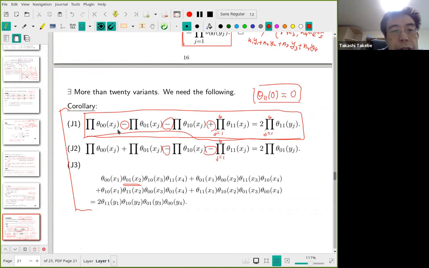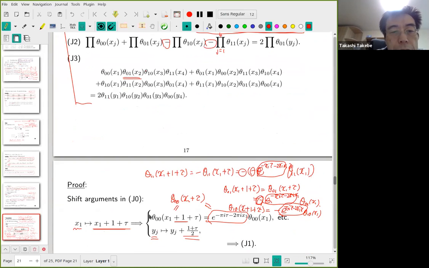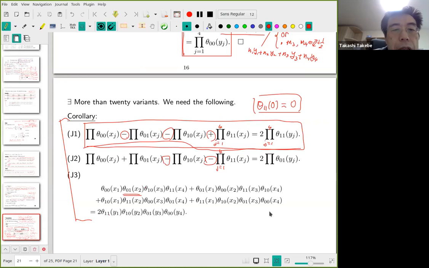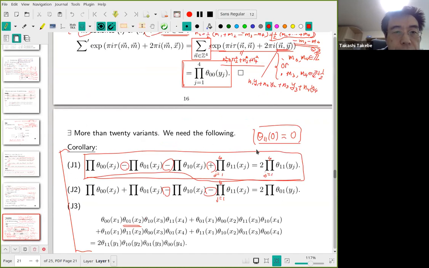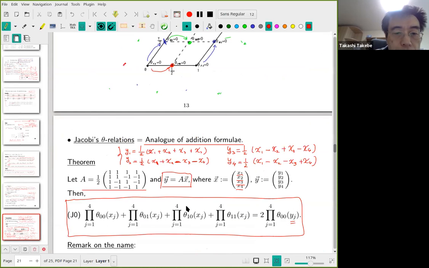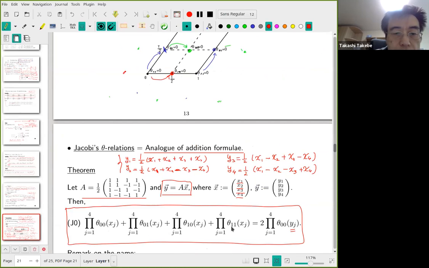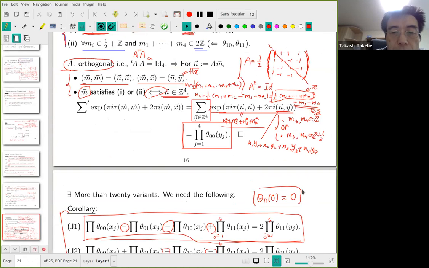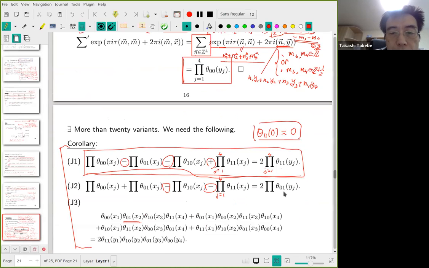By shifting variable x1 by some value, some signs change compared to this original relation, and correspondingly this theta function is replaced by some other theta functions with characteristics.